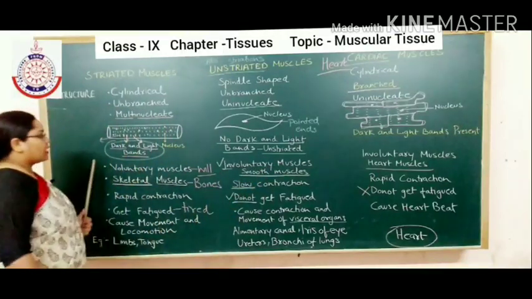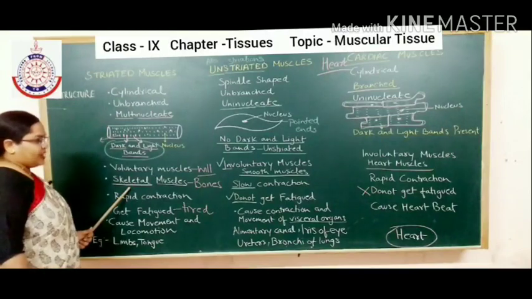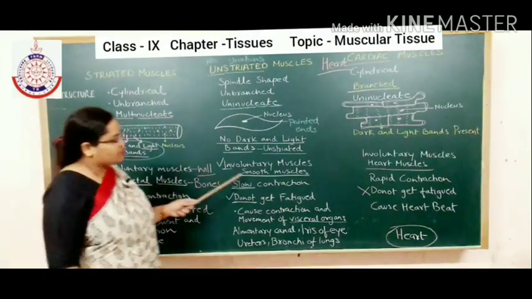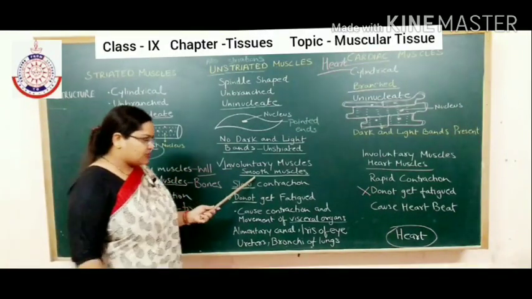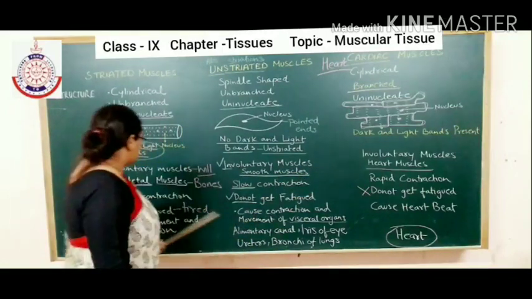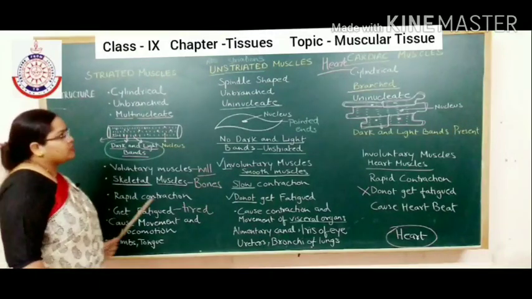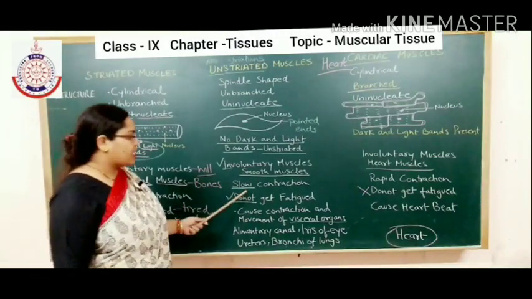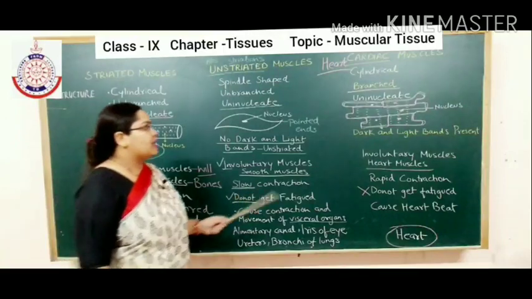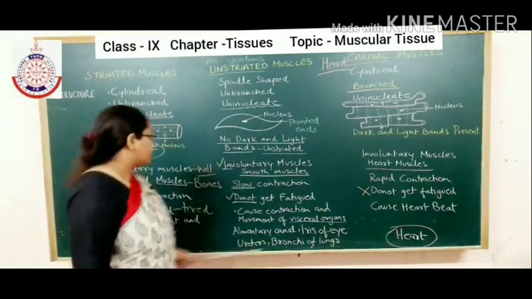Now striated muscles are also known as skeletal muscles, unstriated muscles are known as smooth muscles, and cardiac muscles are known as heart muscles. Striated muscles undergo rapid contraction, whereas unstriated undergo slow contraction and cardiac muscles undergo rapid contraction.